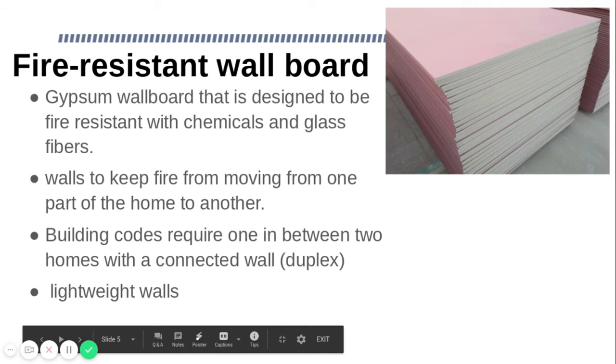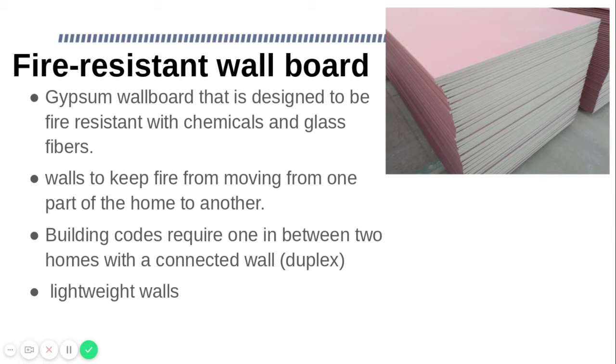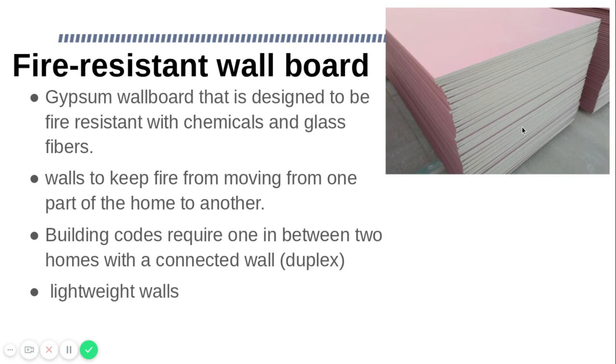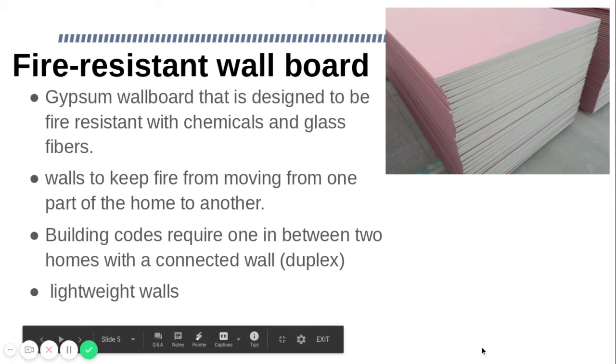Another type of drywall is fire-resistant wallboard, and it just has a special pink coating on it. I don't know if it's always pink, and it's not called pink board, but it makes it fireproof, which is really neat. They use chemicals and glass fibers to do whatever they do on the outside.